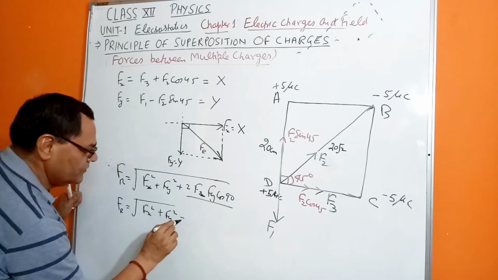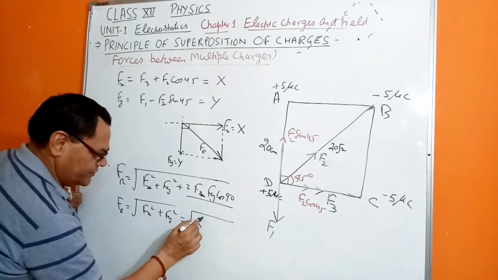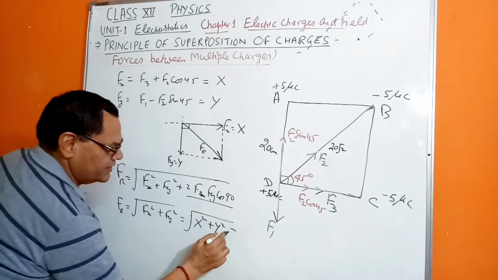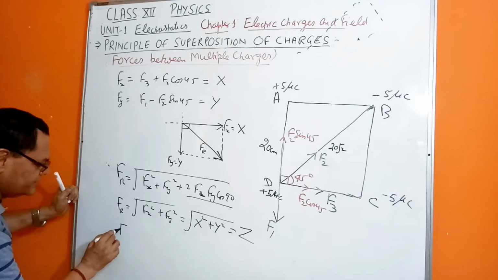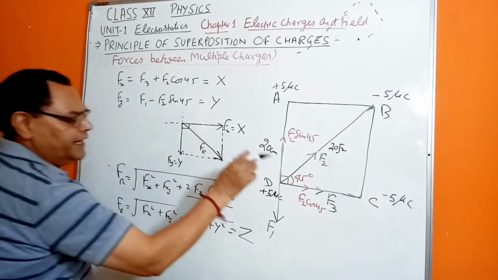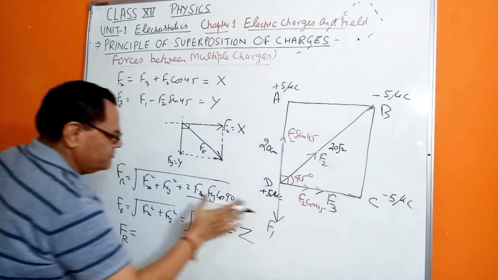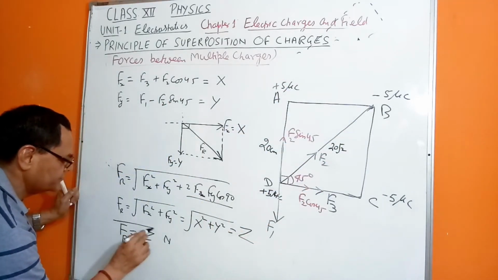Because we got their numerical values as X and Y, you can put X square and Y square. Let's say it comes as Z. So this is basically the final answer, that is Fr, the resultant force at point D in this arrangement, equal to Z Newton.